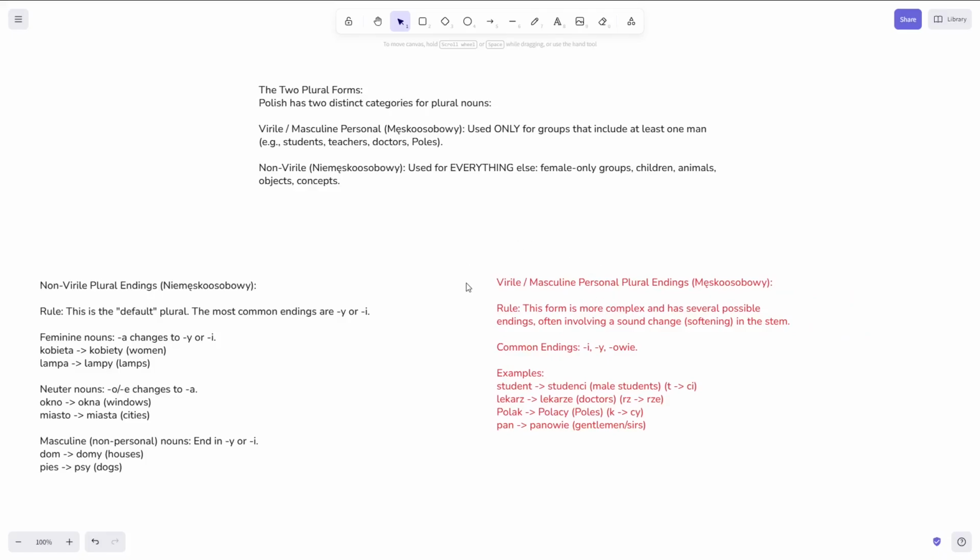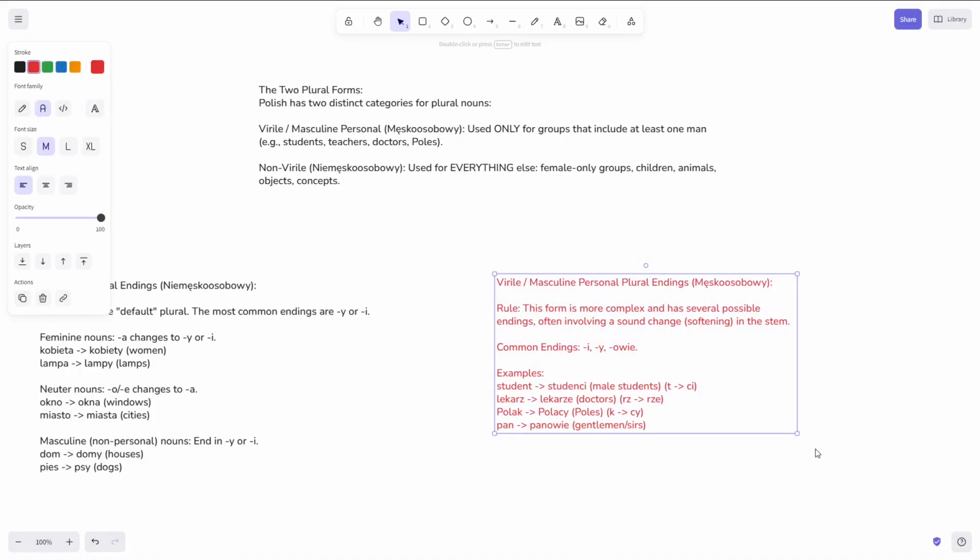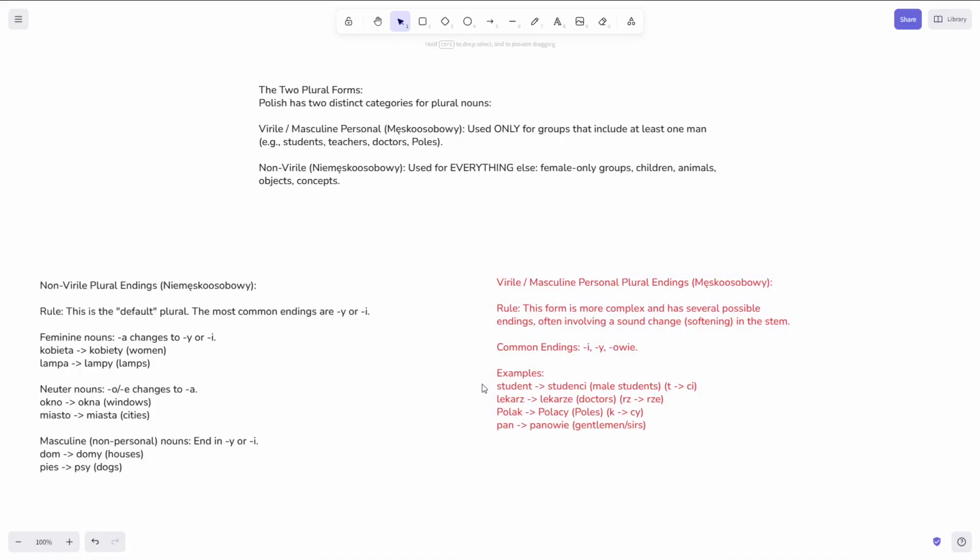And then the second group is the more complex one and has several possible endings and usually involves some form of sound change. You could have seen that in previous videos as well. So for example, when you have a male student, when you want to clarify that we're talking about a group of male students, we have studenci. So what if we had only female students, you might ask?